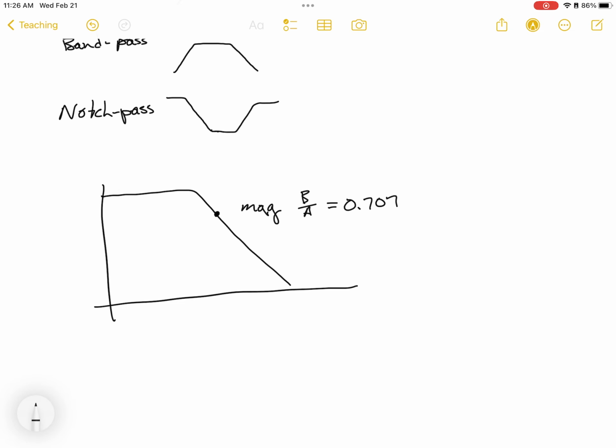That's where your omega sub c, or your cutoff frequency, is going to be. So if you want to design a filter that cuts off or amplifies frequencies higher or lower than a certain frequency, then that frequency would help you determine your cutoff frequency, where everything below that you're not as interested in, and everything above that you want to make sure to keep.